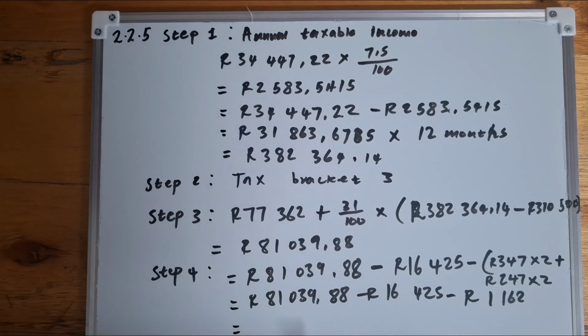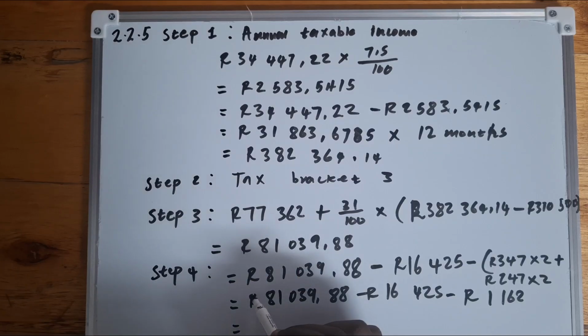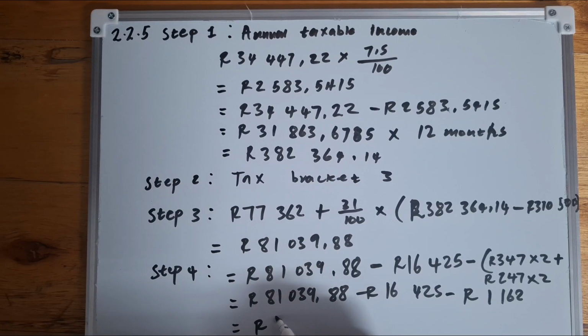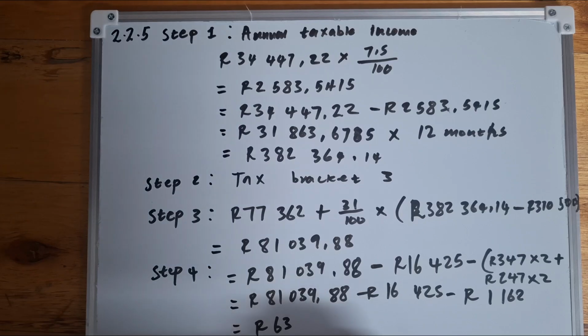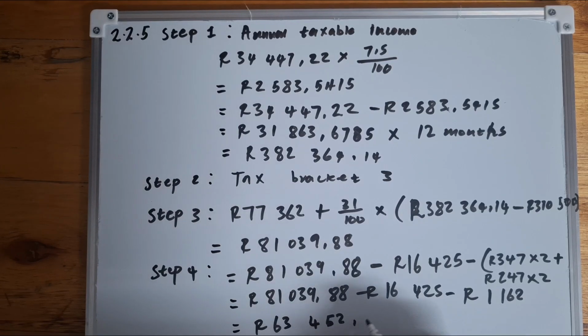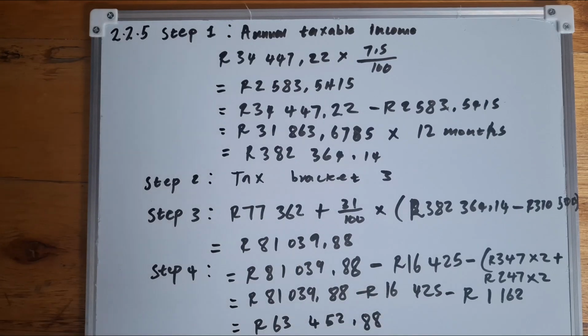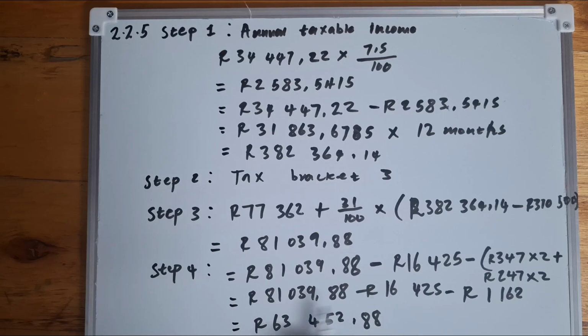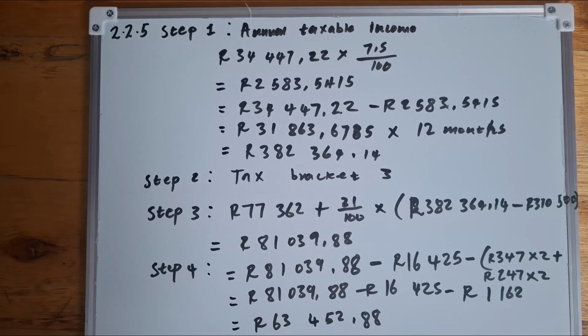According to the calculations, she'll have to pay an amount of 63,452 and 88 cents. So this is the amount of tax she pays in a year. It's an annual tax. This is the annual tax that she pays.